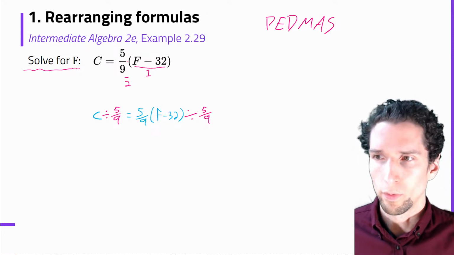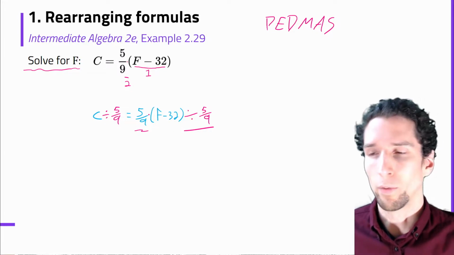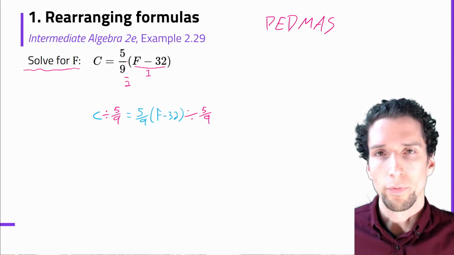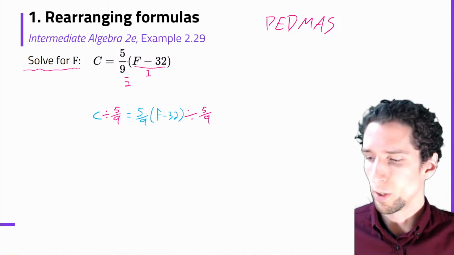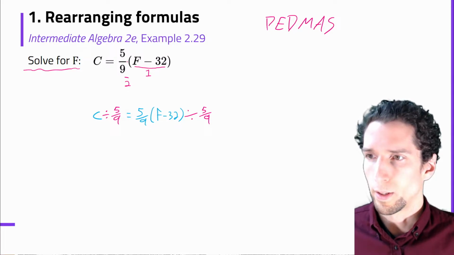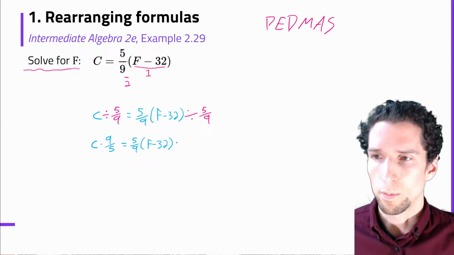And we have 5/9 times this thing in brackets. So now we're doing the opposite operation to get rid of it. We could also think of this as multiplying by 9/5, the reciprocal or the inverse of the fraction. But dividing by fractions, that's what you do anyway. So this would turn into C times 9/5, and 5/9 times F minus 32 and times 9/5.